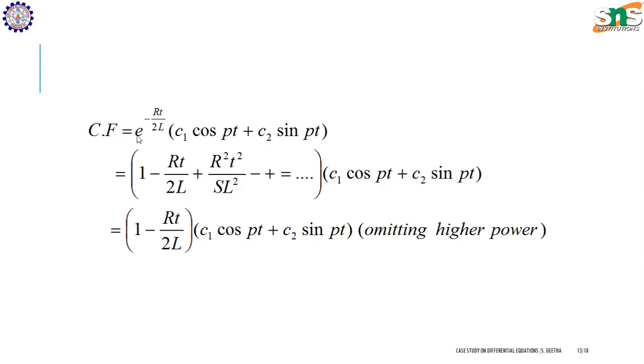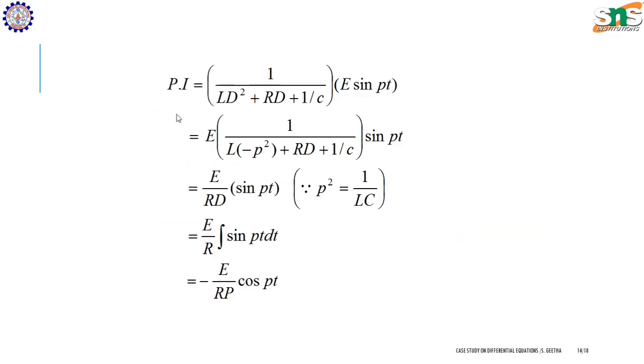Here e power minus x is nothing but 1 minus x plus x square, etc. So, instead of x, here we are having Rt by 2L, which is equal to 1 minus Rt by 2L plus R square t square by 4 into L square, etc., into C1 cos pt plus C2 into sin pt. Omitting the higher powers, the above will become 1 minus Rt by 2L into C1 cos pt plus C2 into sin pt.